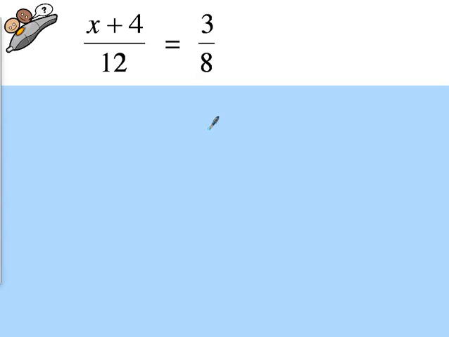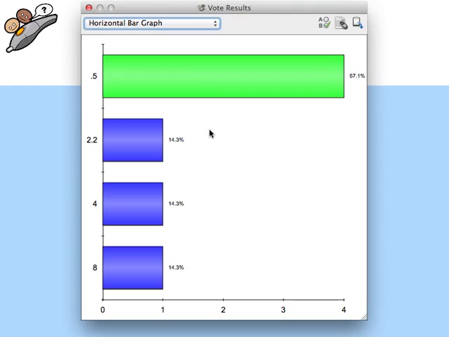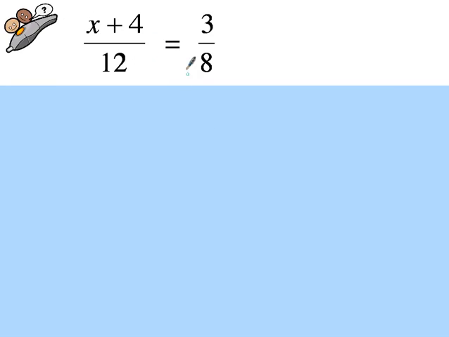Okay, so let's see what you ended up getting. Answer should be 0.5. Now how we got that is we're going to take 8 times x plus 4, and that's going to equal 3 times 12, which is 36.